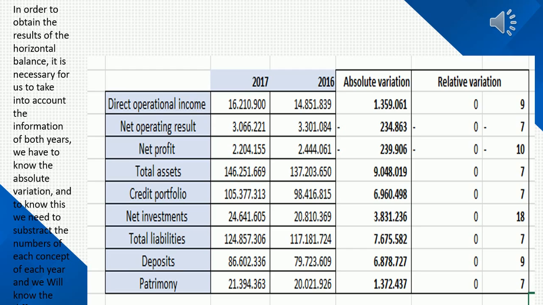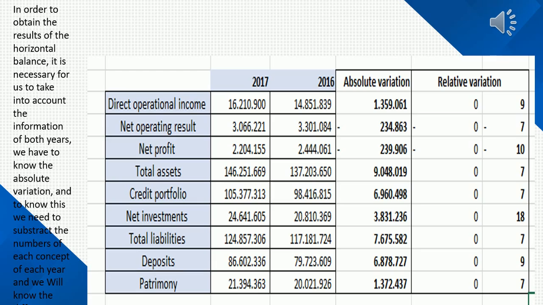That is going to be our absolute variation. And to obtain the relative variation, we have to divide the information from term number 2 by the information in term number 1, and subtract 1 from the result. We multiply that result by 100, and we will have the percentage information of each concept.